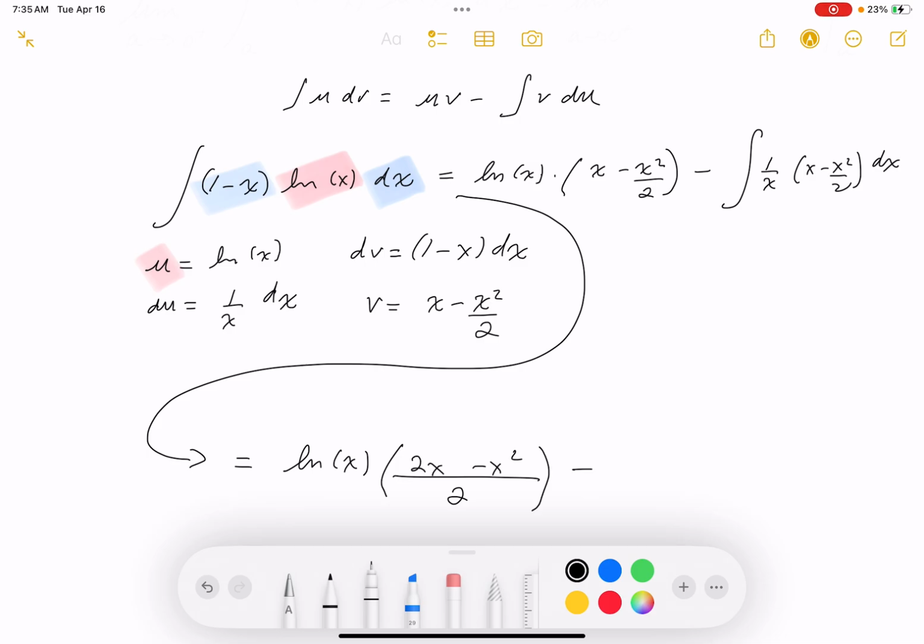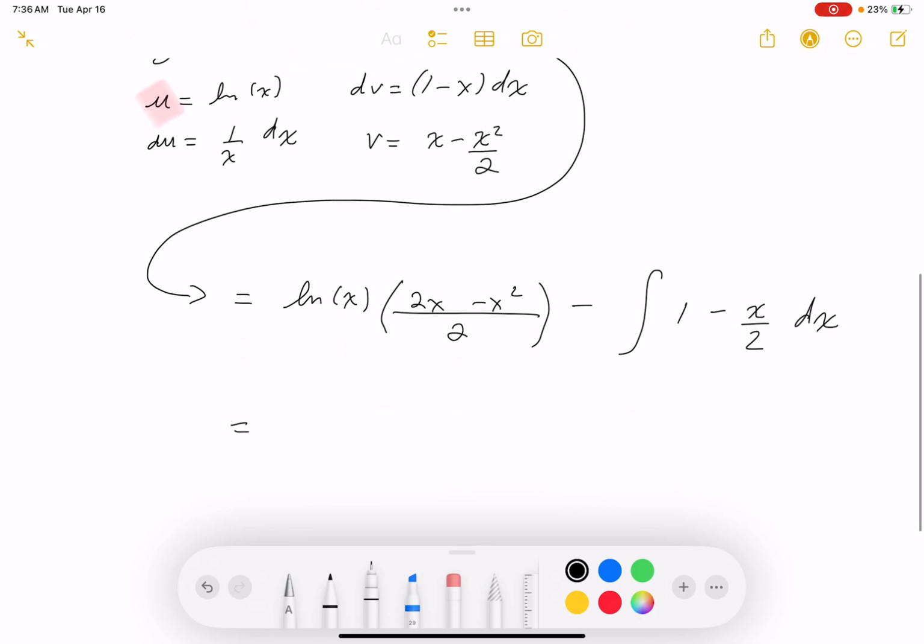All right, and then I got to do that integration. Let's see what you get there. I'm going to distribute, and you're going to get 1 minus x over 2 dx. All right, let's integrate.